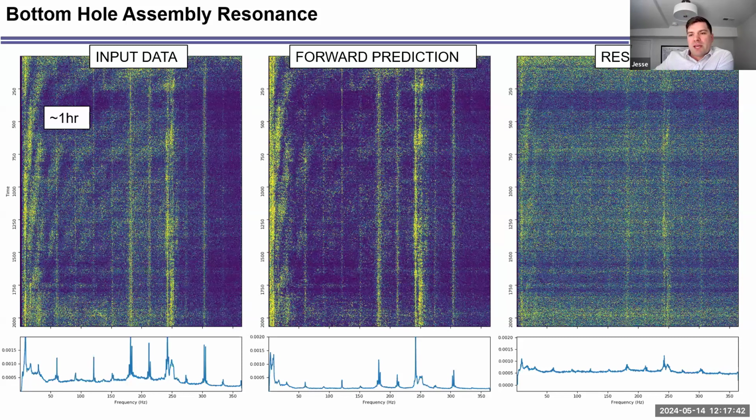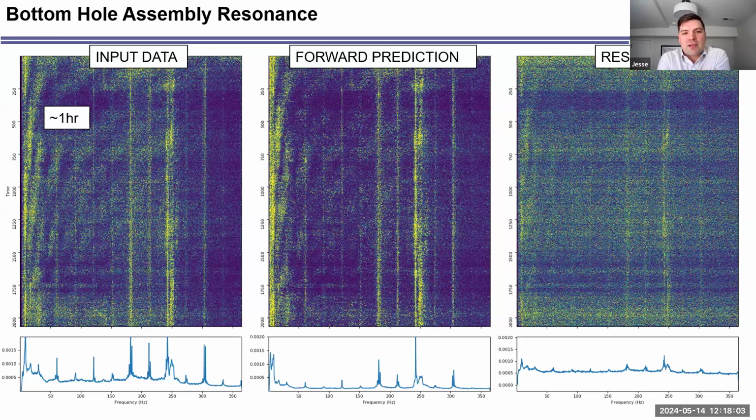We don't expect the drill bit, as it's drilling through the rock and vibrating against the rock, to show any type of predictive future response. We expect all those responses that we can predict well into the future to be related to the BHA.